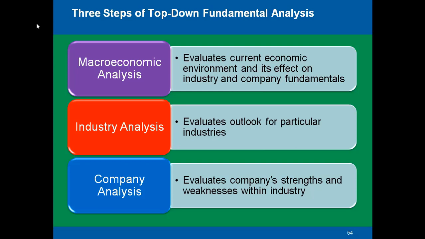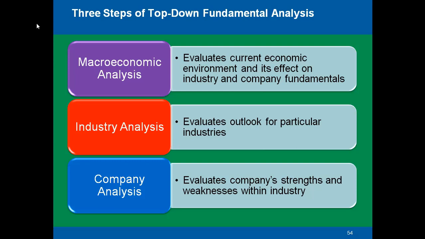So evaluate the current economic environment and its effects on the industry and the company's fundamentals. How will the economic situation behave and what impact will it have on the industry and the company in which you're going to invest? If the economic situation is going to improve or boom, it may affect the industry positively, and it may have a great impact on the company and its potential profits in future. So first you have to understand the economic situation.